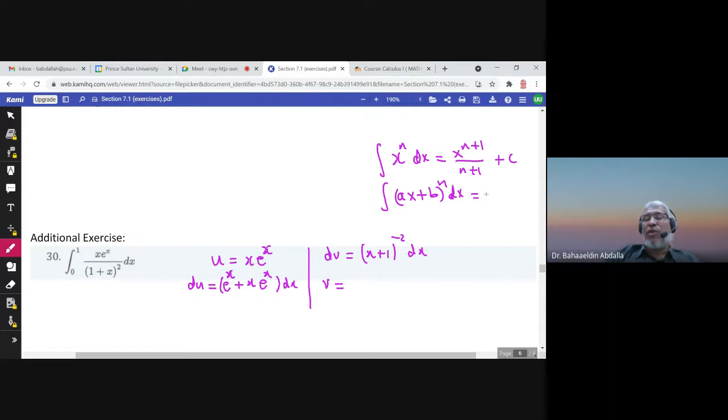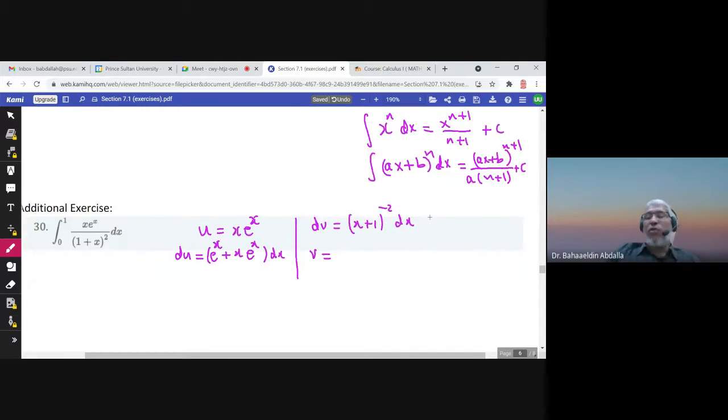Then the answer would be (ax plus b) to the power n plus 1 over n plus 1, over a, or we divide by a as usual, plus c. So because the coefficient of x here is 1, the integral in fact would be (x plus 1) to the power negative 1 over negative 1, or negative 1 over x plus 1 simply.